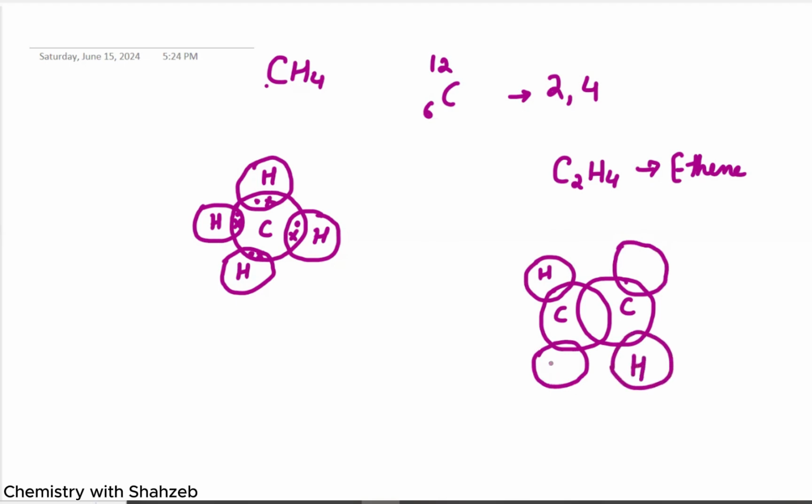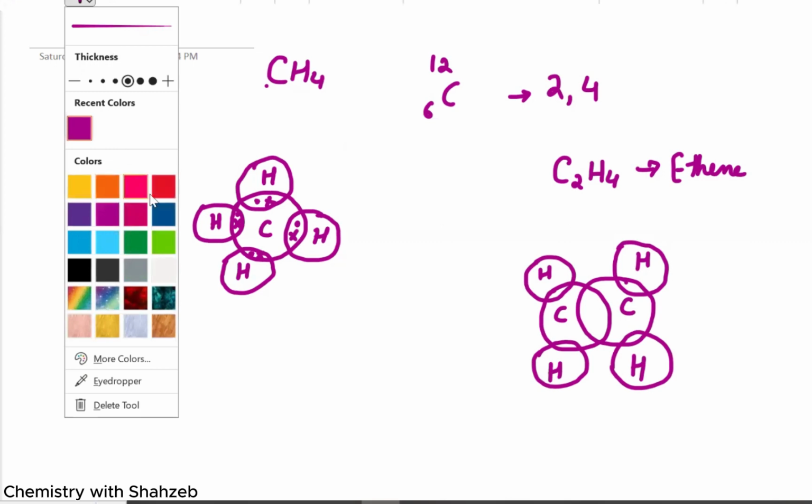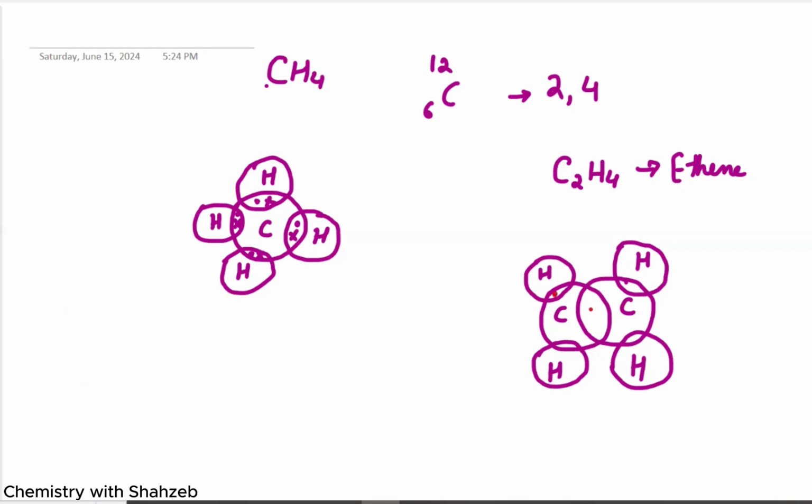So it comes like this. Now what happens if we draw, for example, their electrons? Let's change the color of the pens. So that would be like this, dot and cross, dot and cross. Now this carbon has shared, as you can see, 2 electrons here.